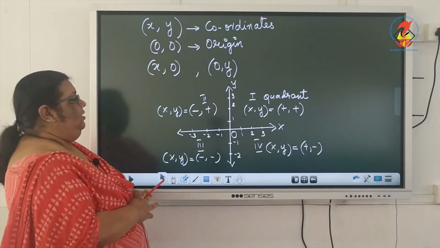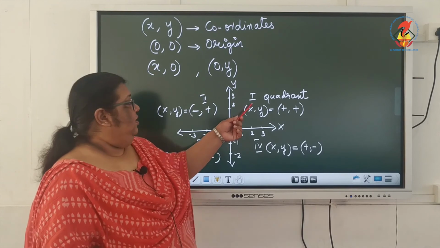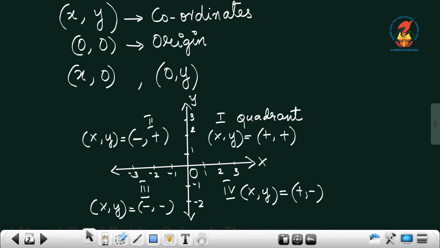So these are the different signs for the quadrants. On the first quadrant, we have positive and positive numbers. On the second quadrant, we have negative and positive numbers. On the third quadrant, you have negative and negative numbers, and on the fourth quadrant, you have positive and negative numbers. Based on the signs of the x-axis and y-axis, on each quadrant, you can write the symbol.